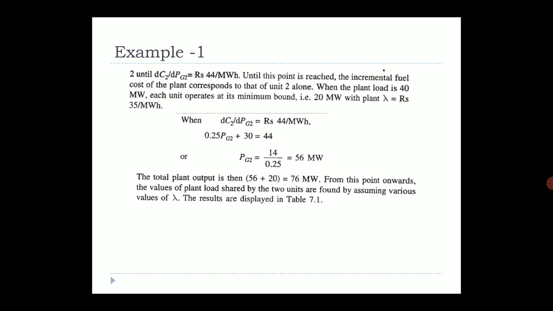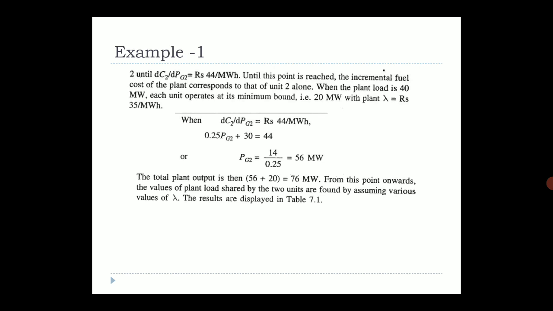Now as the load is slowly increased, unit 2 also increases, and at rupees 44 per megawatt hour, it is providing 56 megawatt. That means the load is 56 from unit 2 and 20 from unit 1, equal to 76 megawatt. From this point onwards, the plant load shared by the two units is found by assuming various values of lambda.